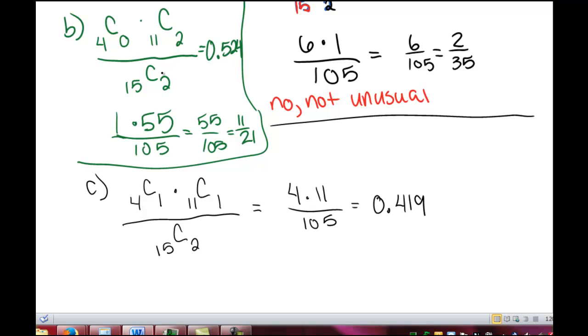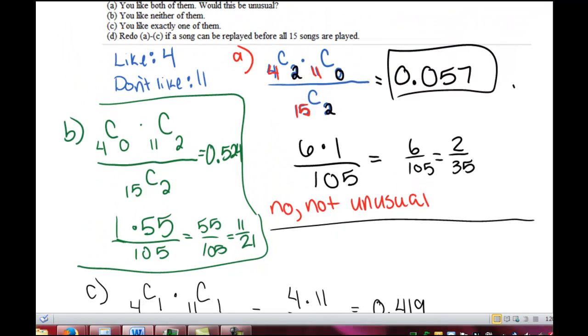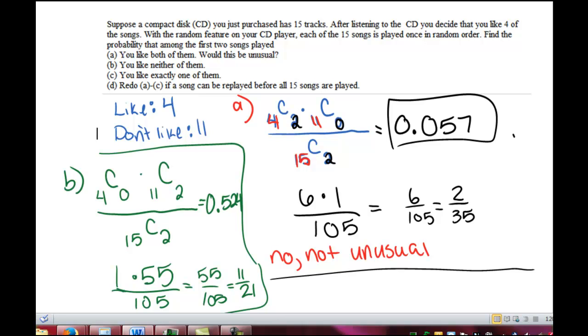Okay, so for A, B, and C, this is assuming that once we have picked a song, we cannot pick it again. However, for part D, it wants us to go through the same scenario as if we could pick a song again. So the idea of going through it with replacement.